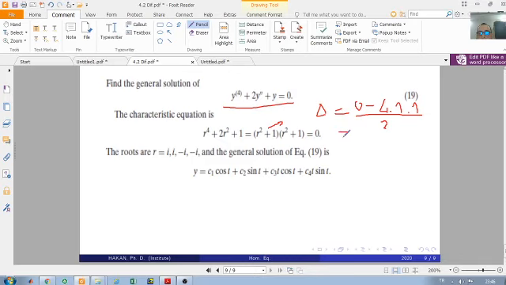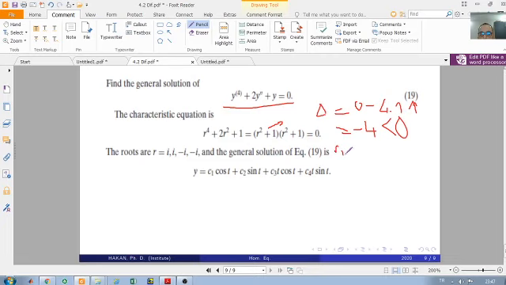Sorry, we use this formula for finding the roots. This is just the formula for the discriminant. So we have minus 4, which is less than 0, which means we have complex roots for this one.